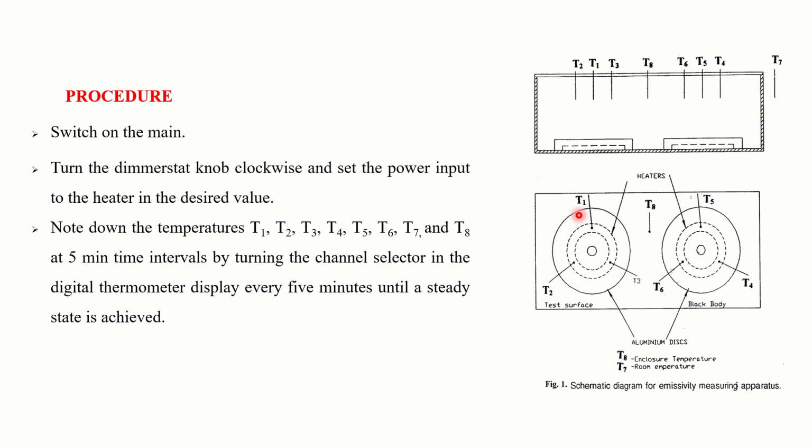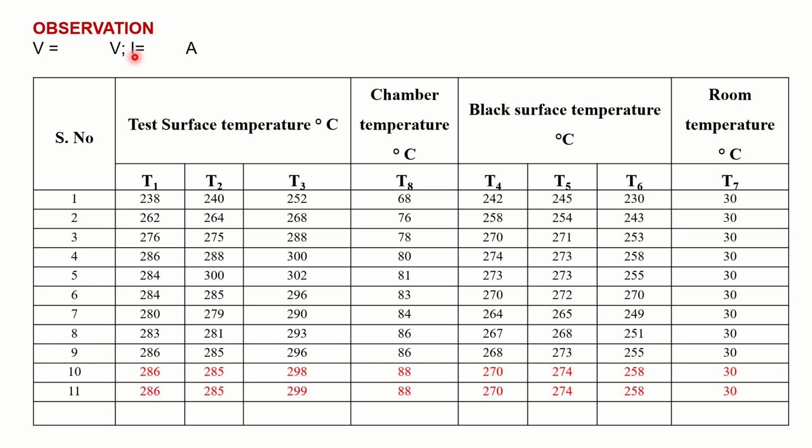Next, we'll move on to observation, how to tabulate the experimental data. So first you need to note down voltmeter and ammeter reading. So V refers to voltmeter reading and I refers to ammeter reading. Next, tabulate all the temperature data.